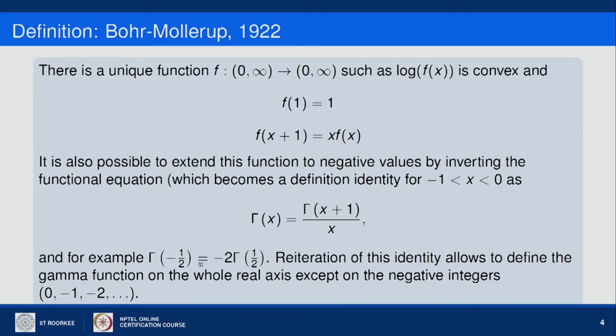So gamma of -1/2 equals -2 times gamma half. Reiteration of these identities allows us to define the gamma function on the whole real axis, except on the negative integers and 0.